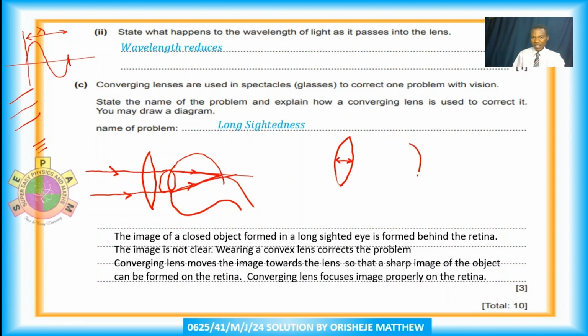And then the concave lens, look at the middle here, it is short, so this one corrects short-sightedness, myopia. When you wear a convex lens, it will control long-sightedness or hypermetropia.